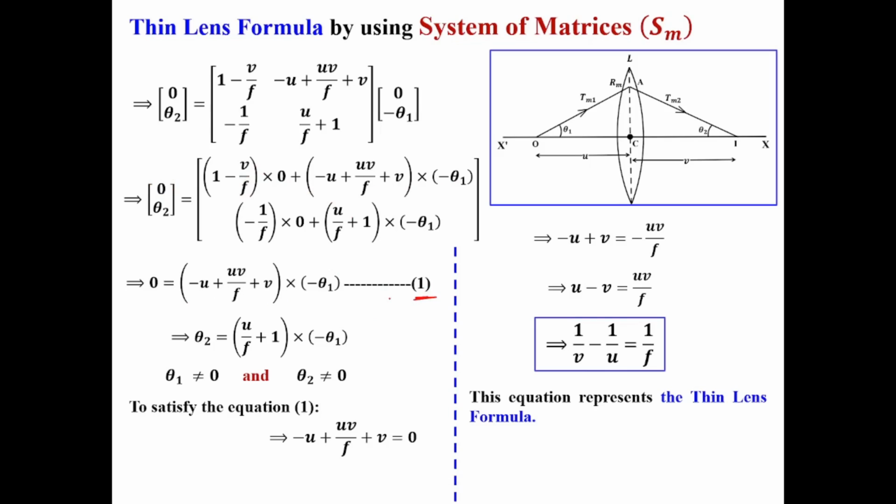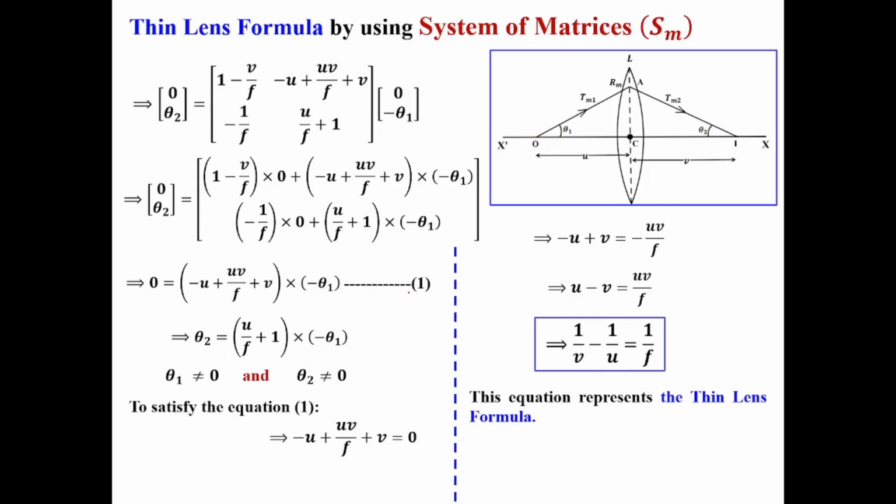The second row will be equal to this much: 0, and theta 2 equal to this, written over here. Here theta 1 and theta 2, although there is a point object and point image, have significant values. Theta 1 cannot be 0 and theta 2 cannot be 0.